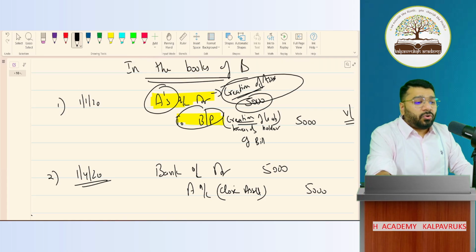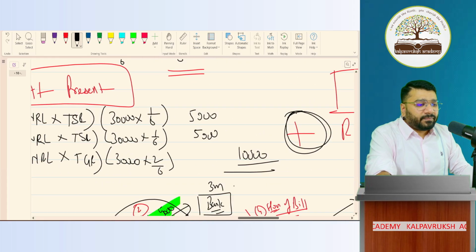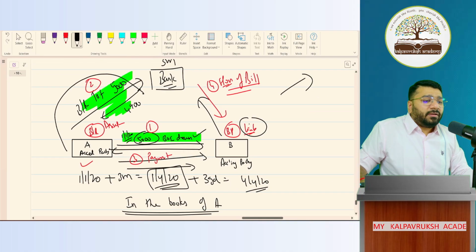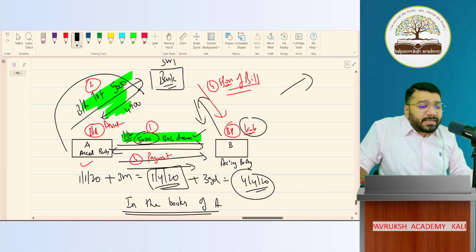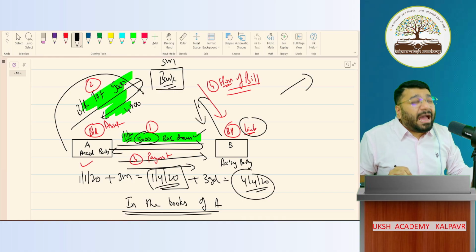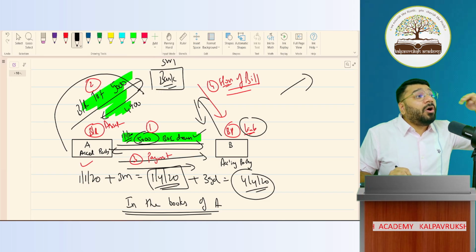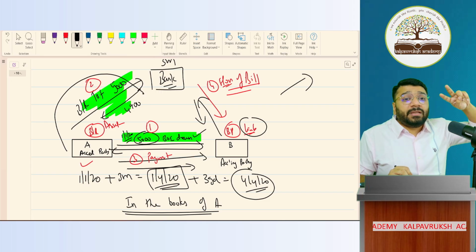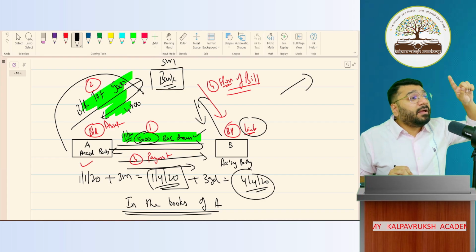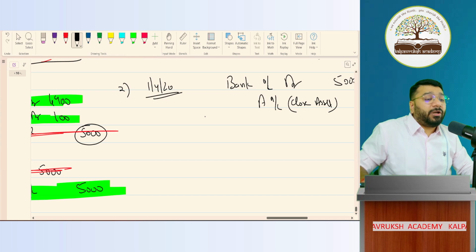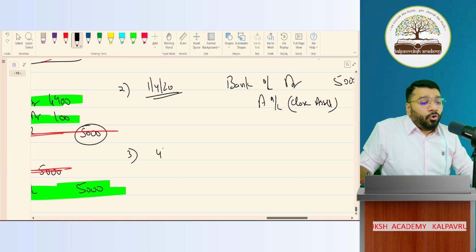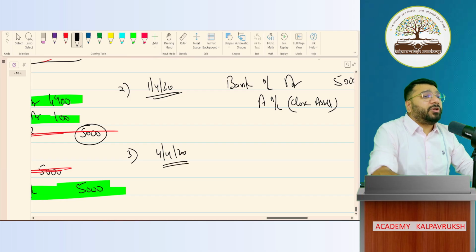Yes. So after 3 days of grace, which is 4th April 20, the bank will present the bill to B and B will honor the bill, because the question clearly mentioned that B has duly honored the acceptance. So what is the entry for payment of the bill? 4/4/2020, on the date of maturity.